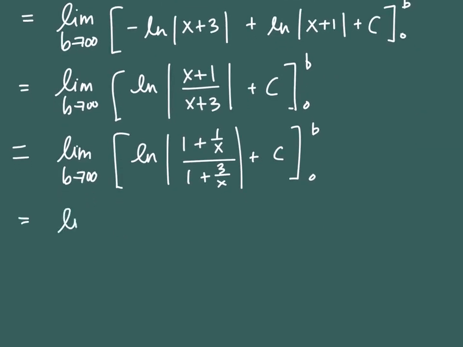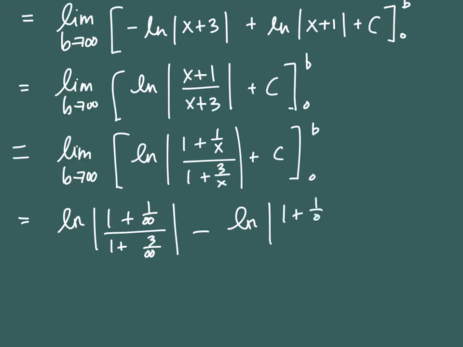So I will have the limit of the natural log of the absolute value of 1 plus 1 over infinity over 1 plus 3 over infinity, minus the natural log of the absolute value of 1 plus 1 over 0 times 1 plus 3 over 0.